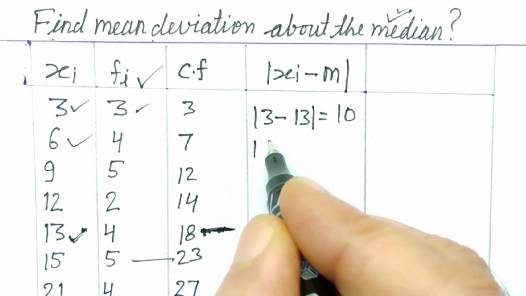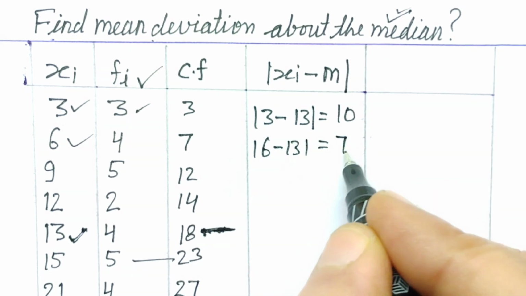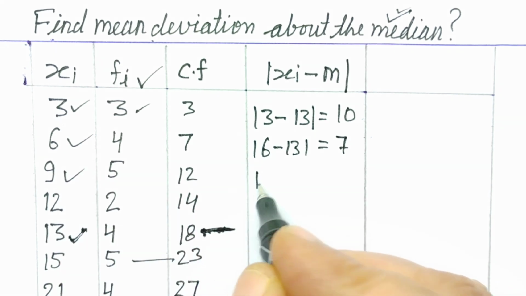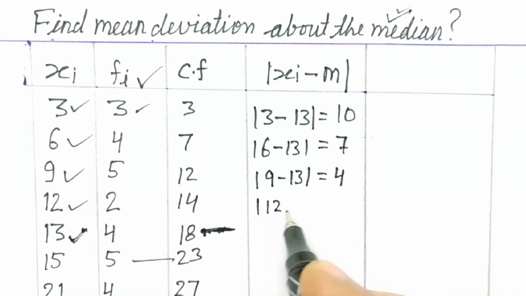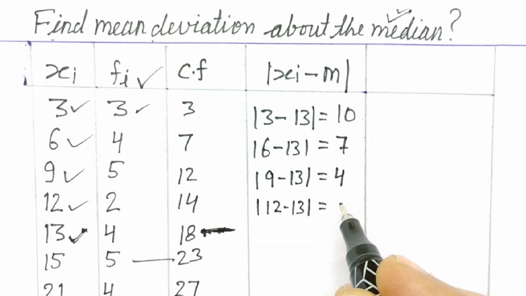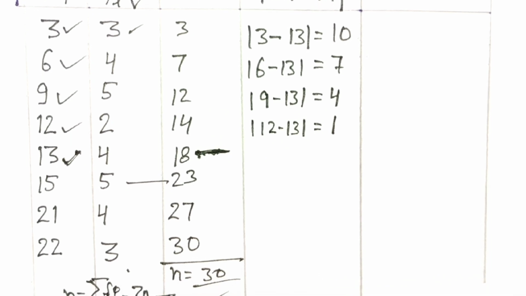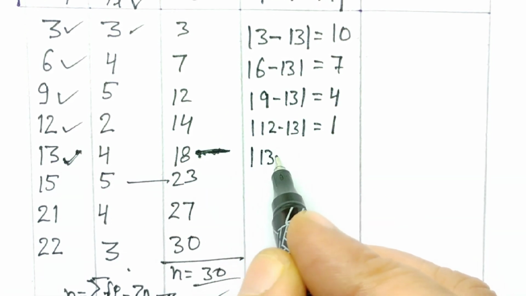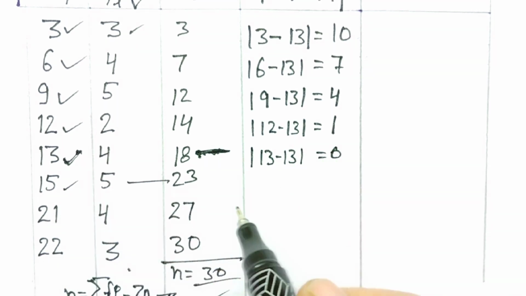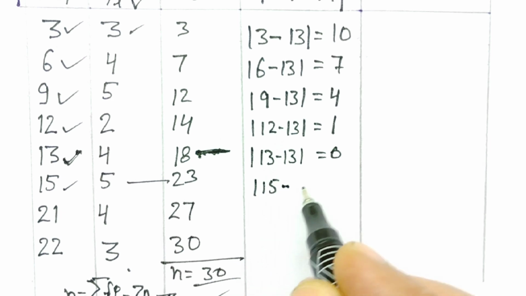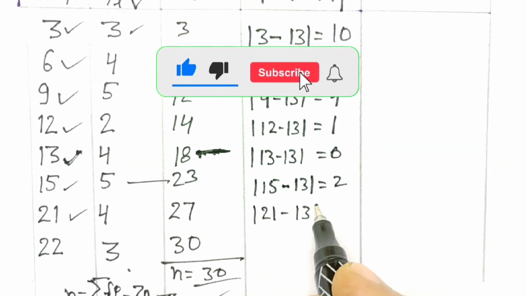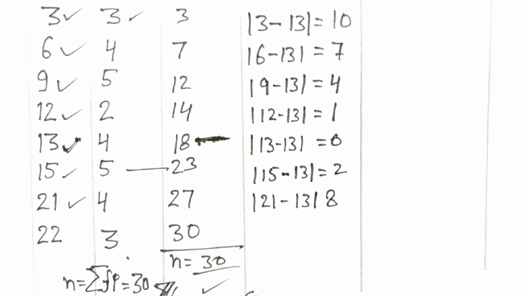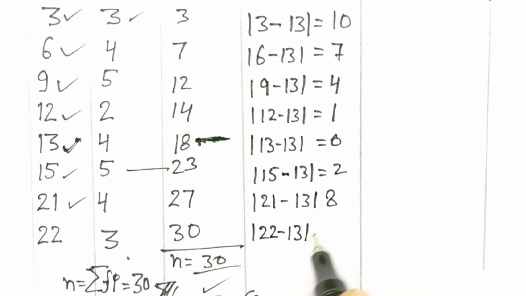Then 6 minus 13 is 7, mod of 9 minus 13 is 4, 12 minus 13 is 1, then mod of 13 minus 13 is 0, then mod of 15 minus 13 is 2, then 21 minus 13 is 8, and 22 minus 13 is 9.